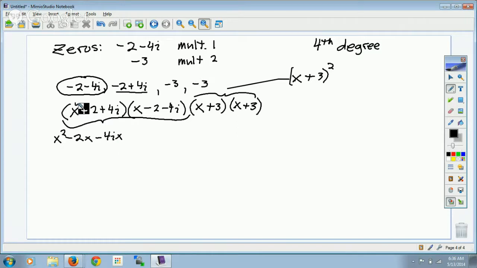So that guy's done. Multiplying by 2, I get plus 2x minus 4 minus 8i. So that guy's done. Multiplying by 4i, I get plus 4ix minus 8i.